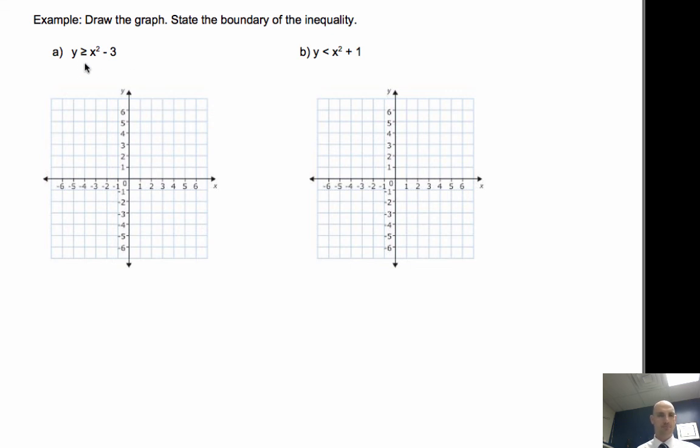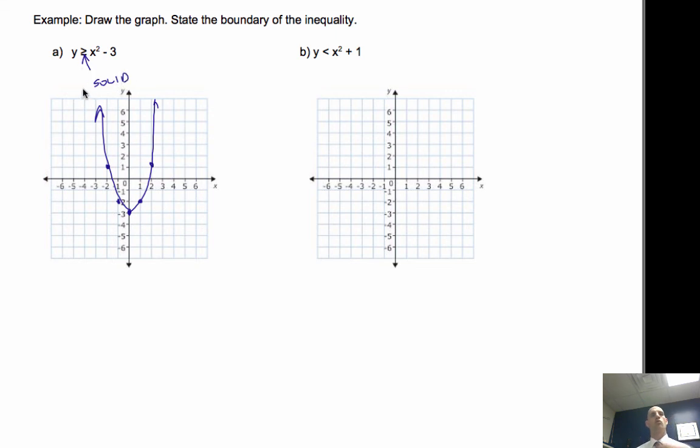All right, we did this one. This was a normal parabola down 3. And so it's going to go through 1, 1, and then 2, 1, 2, 3, 4. It's going to look like this, right? Because it is a parabola that has moved down 3. This means it's solid.